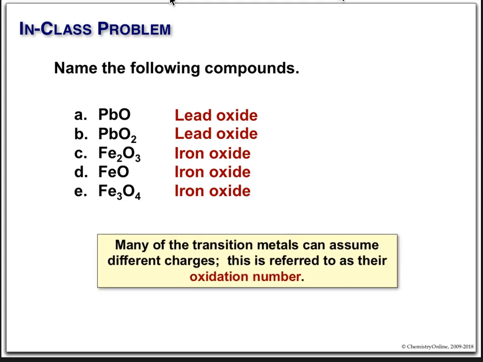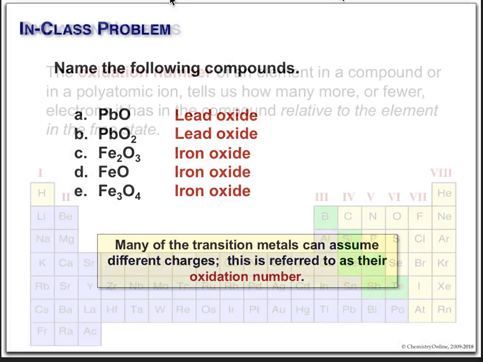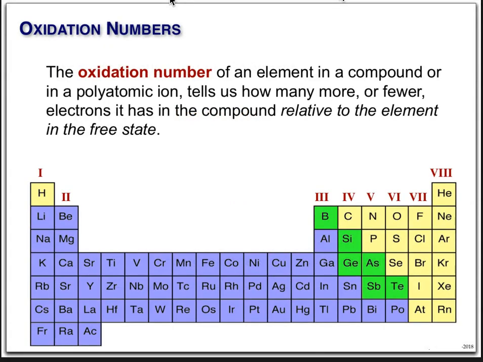Remember, transition metals can have different charges. And because they have different charges, we're going to have to be able to put the charge into the name. So anything down in this region right here, we have to worry about what its charge is going to be.